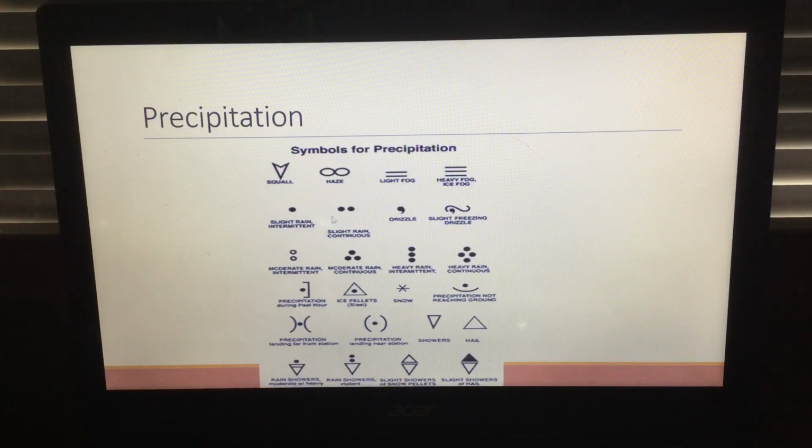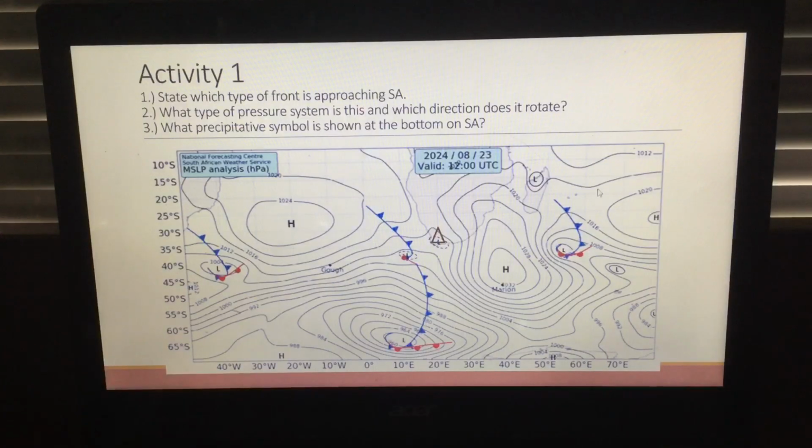Slight rain that's continuous is 2 dots. Drizzle is going to be a comma. Easy to remember those ones. Heavy rain, usually the more dots that you have, the heavier the rain is. And then an upside down triangle is showers. A triangle that's the right way up is hail. Slight showers. You guys will remember all of this.